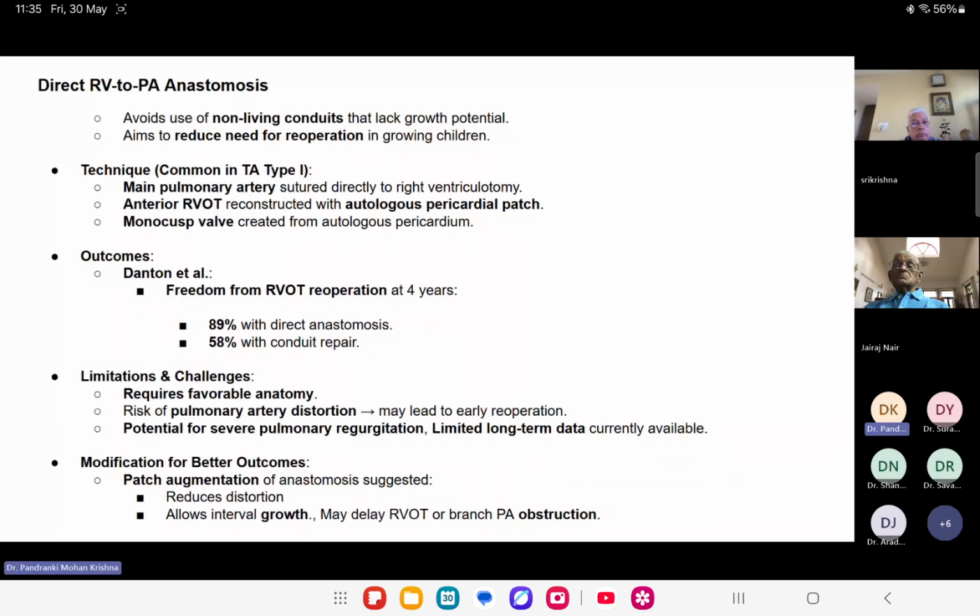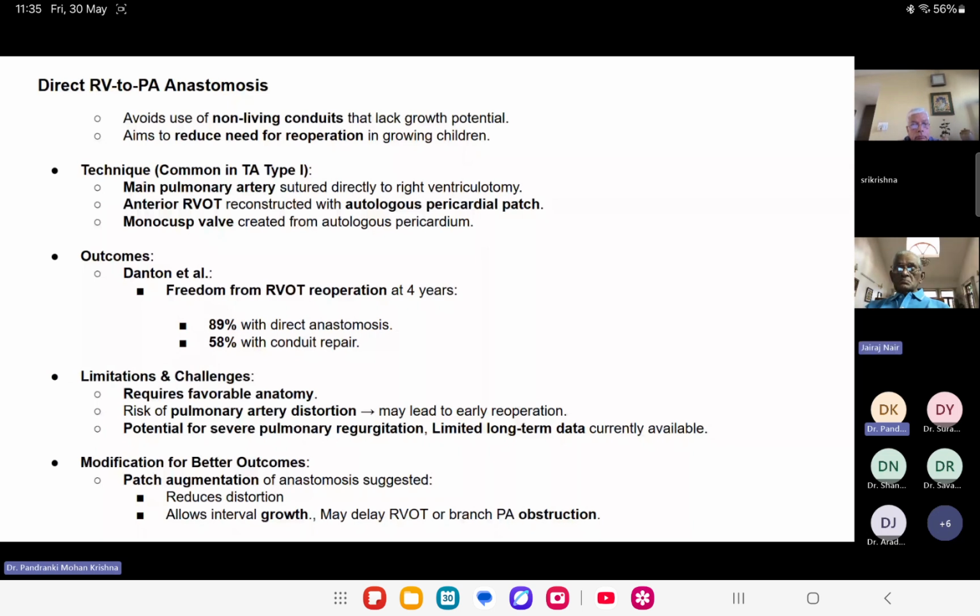Freedom from RVOT reoperation at 4 years is 89% with direct anastomosis, and then 58% with conduit repair in the second operation. Limitations and challenges: requires favorable anatomy and risk of pulmonary artery distortion. If it gets distorted, it will lead to early reoperation again. Potential for severe pulmonary regurgitation because there is no valve.